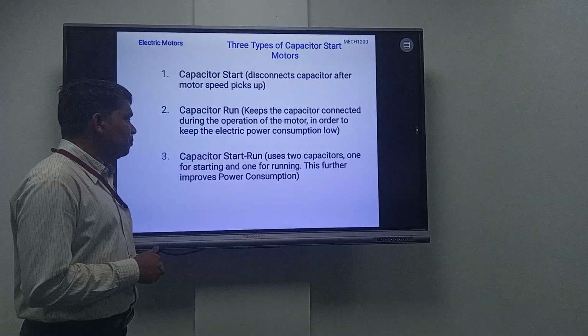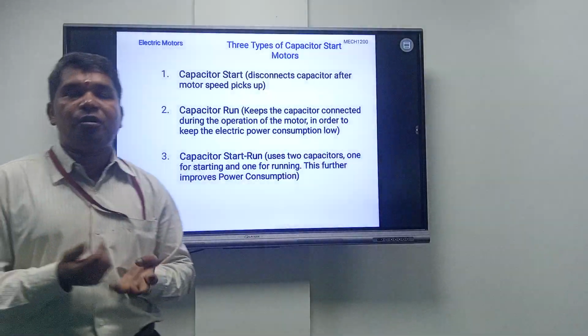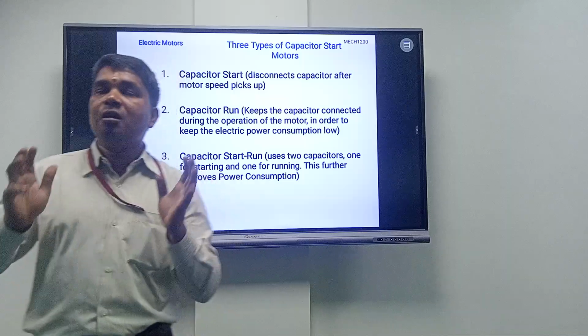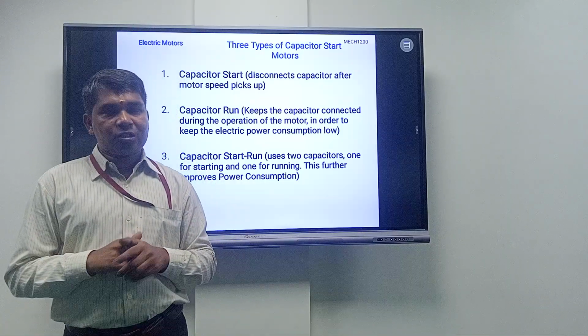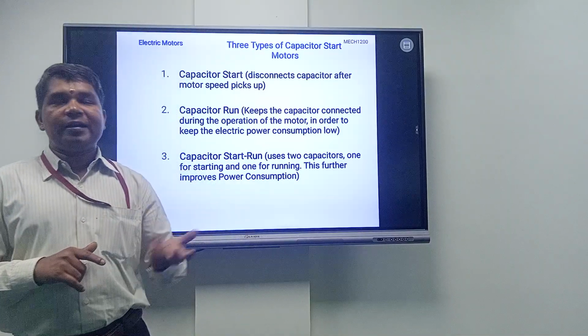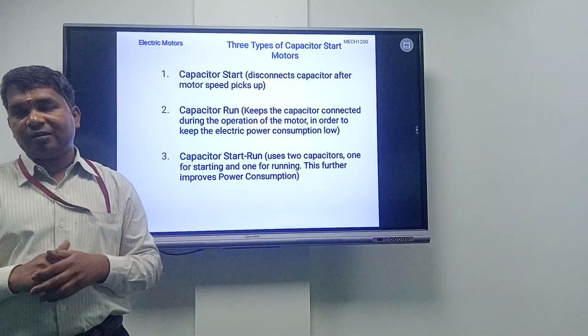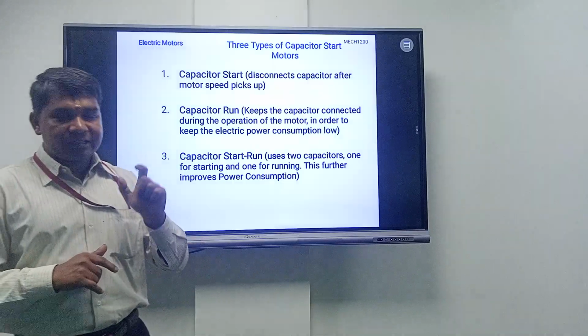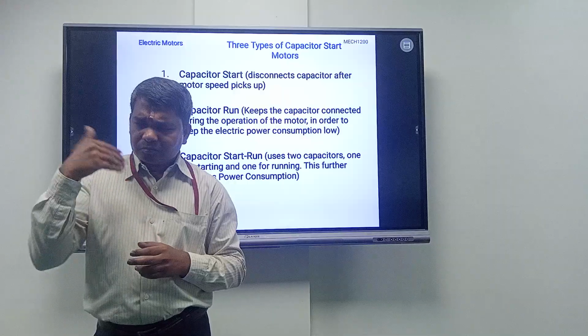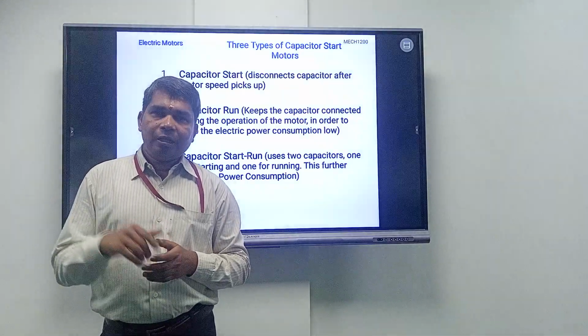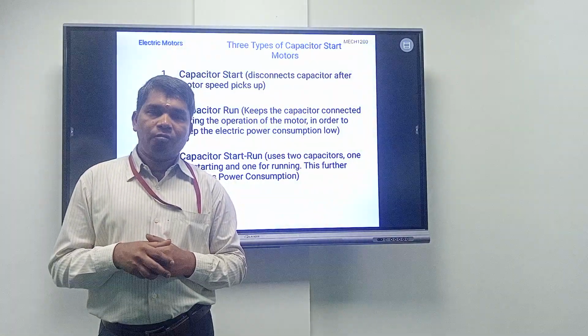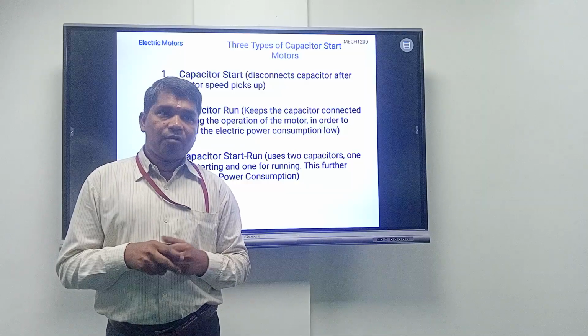This further improves the power consumption. According to how many capacitors you are using, your machine performance will be improved, because the capacitor provides leading current which will improve the power factor. We are aware of power factor improvement, because in AC power the power factor plays an important role. What is power factor?